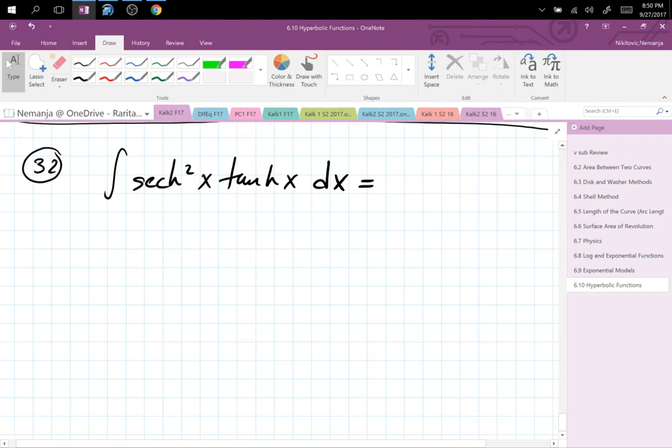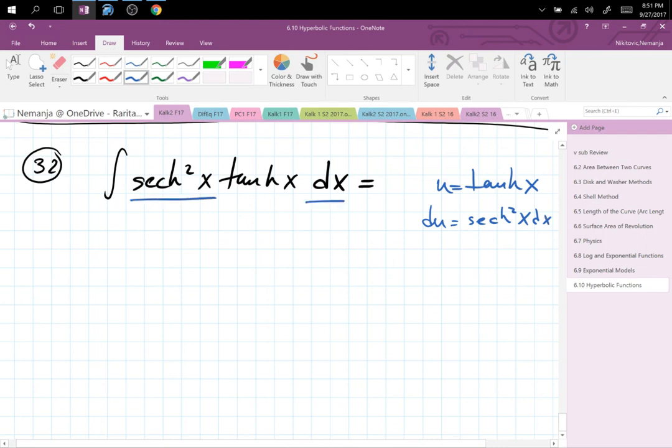In order to do successful u substitution, you should locate function derivative pair. What is the derivative of what over here? So secant squared is the derivative of tangent. So whatever is the function, that's your u. We go u equals tangent hyperbolic x, du equals secant hyperbolic squared x dx.